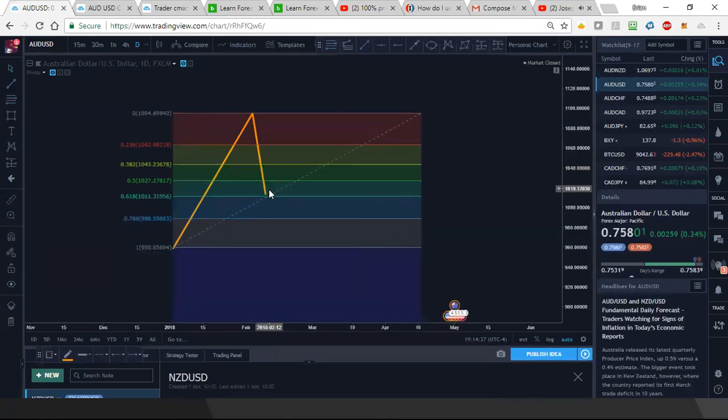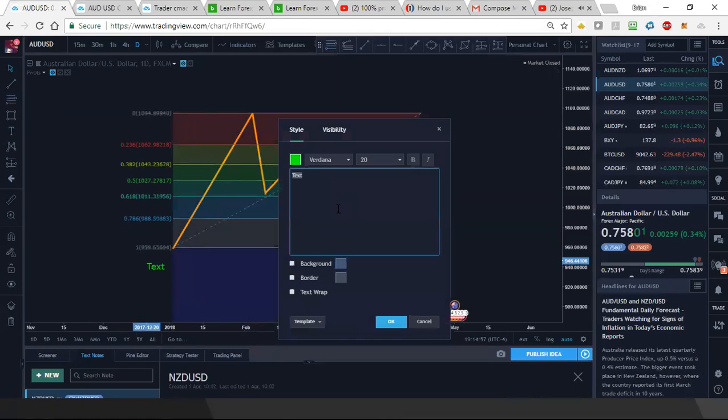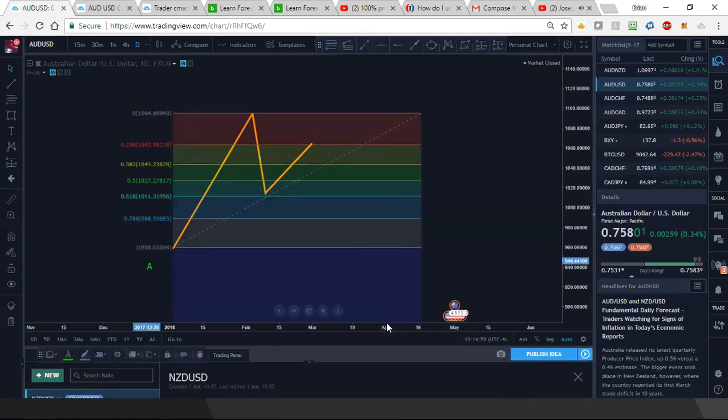And then price goes upwards. It goes upwards. Up until this point, we don't know whether or not we have an ABCD pattern or a Gartley pattern.